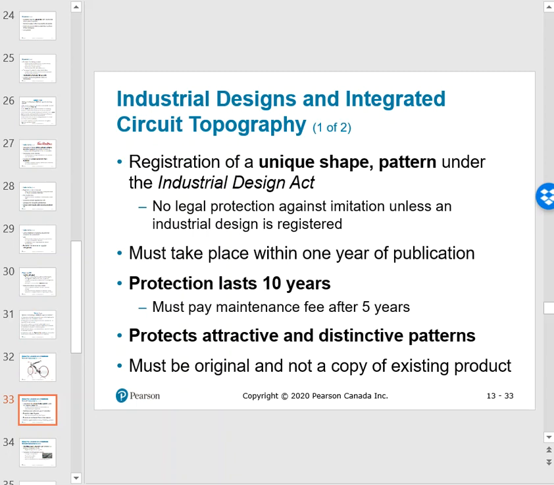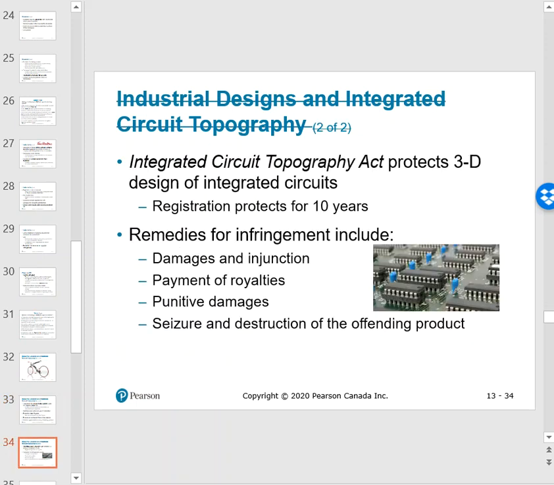Trademark, we just saw, you can renew indefinitely after every 10 years. Here for industrial design, no, you can only renew once. That's why I'm telling you protection is maximum 10 years, as long as you have renewed after the first 5 years. Okay, so that's industrial design, briefly speaking.